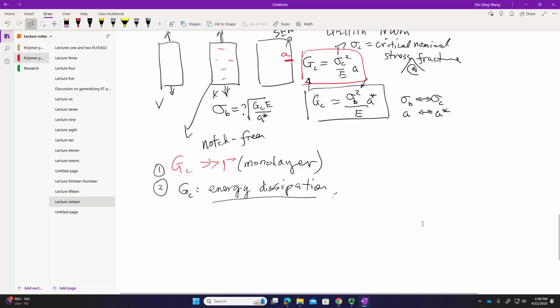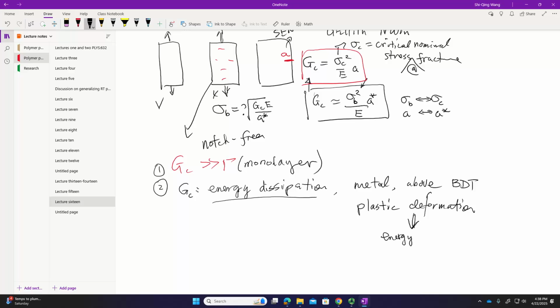Confusingly, very confusingly, when they try to work with metals such as steel, especially if you are above BDD, then of course there is plenty of evidence of plastic deformation, such that you would, by definition, envision there will be energy dissipation.